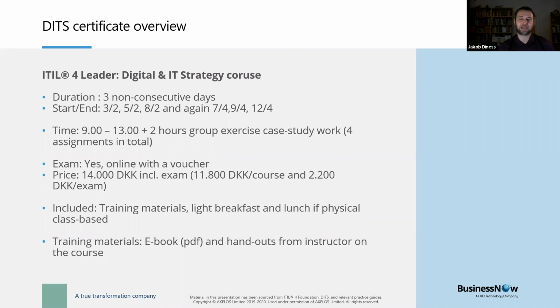You have to pass the assignments, and then you have a final multiple choice. But be aware, it's not a test that ends the course. You have the assignments during the course. So actually the way it's built up is that you have 5 things you have to pass: 4 during the course and 1 after the course, and you get a voucher for that. So 80% is passed when you're done with the 3 days.